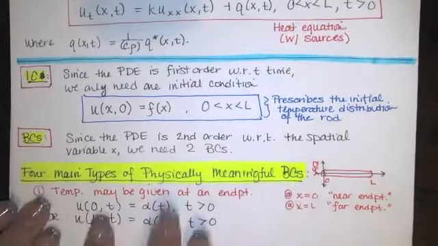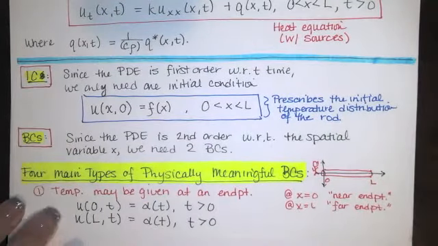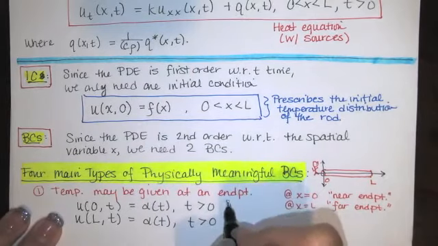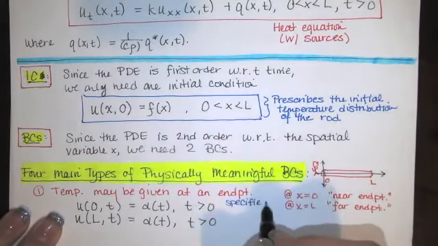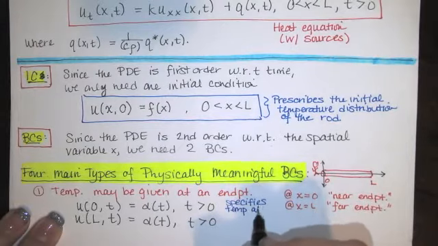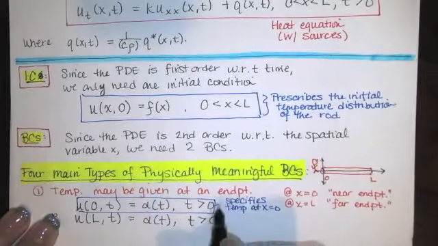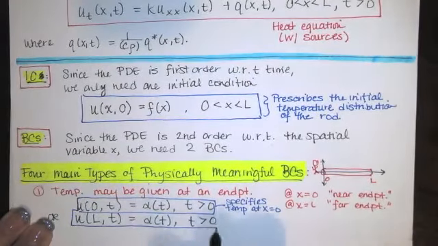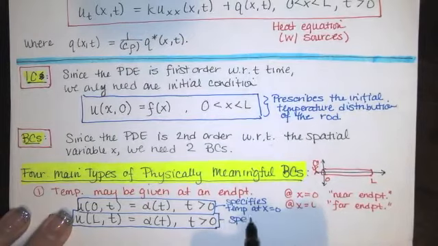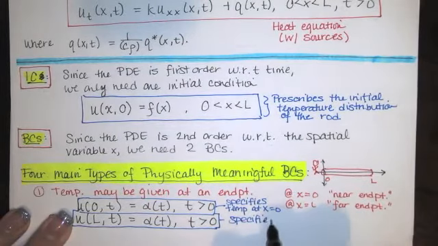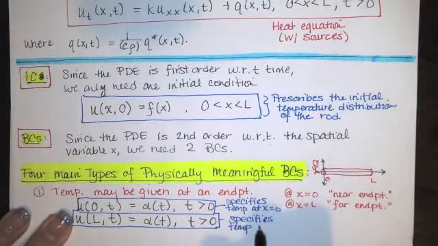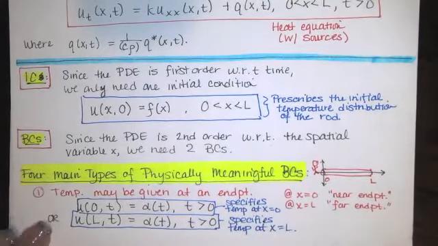But this is just specifying the temperature at that endpoint. So let's write that down. This one specifies the temperature at x equals 0. This one specifies the temperature at x equals L. Okay, so that might be given. Now, it may also tell you that one of the endpoints is insulated.